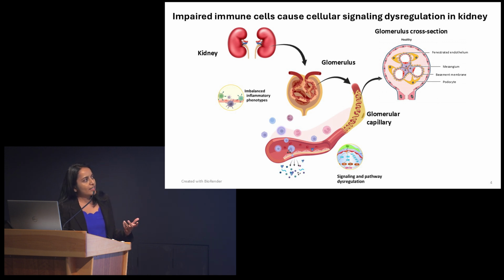It is also a specialized structure that is defined by different size-selective cellular layers, including the fenestrated endothelial cell layer, the mesangium, basement membrane, and podocytes. Each of these size-selective layers can undergo some sort of signaling dysregulation as well as structural changes as the diabetic kidney disease progresses.